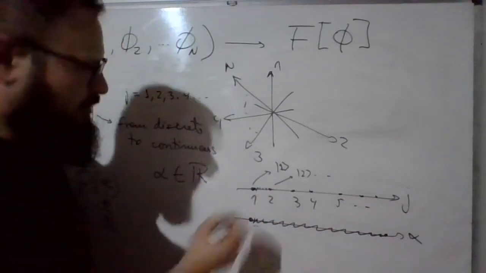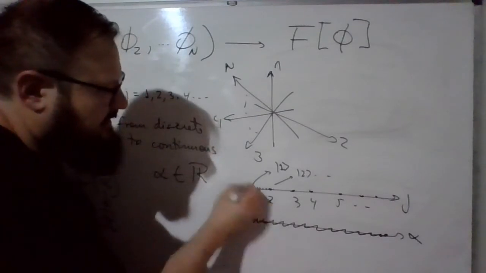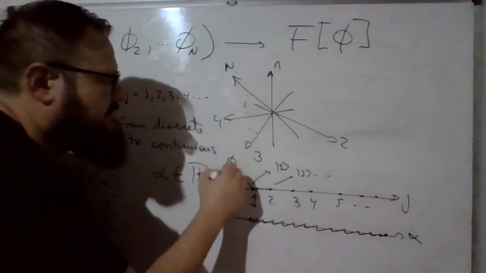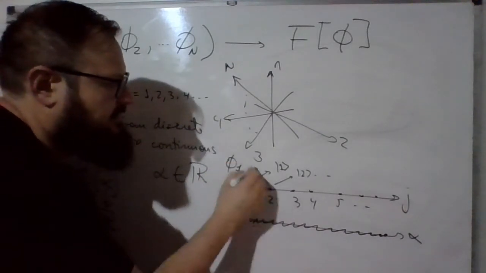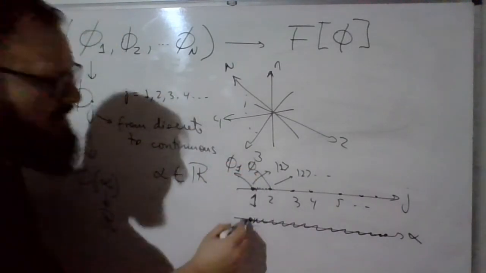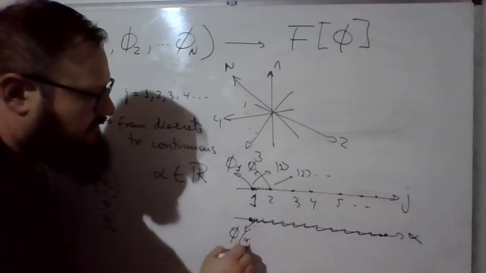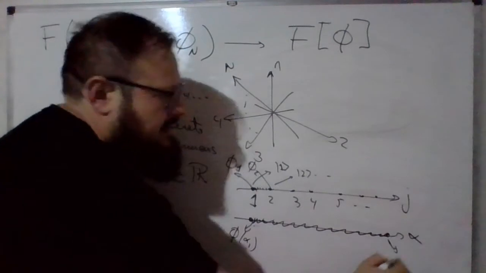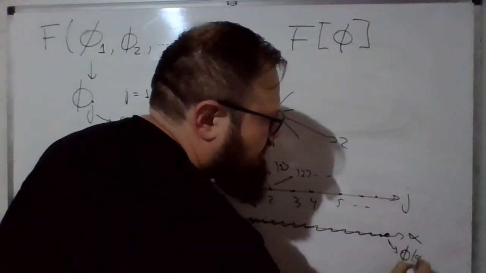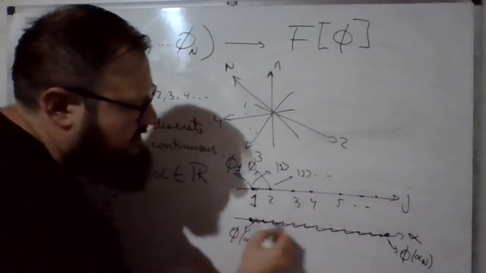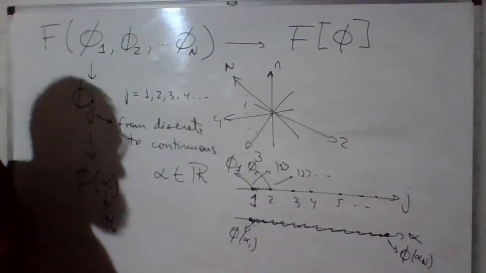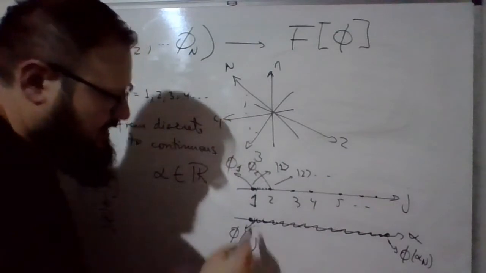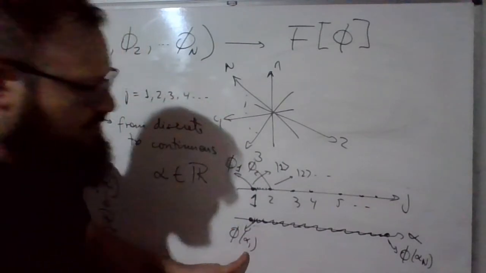So to this index I would consider the value phi 1, to this phi 2, and so on. Now I have a phi of alpha 1, and between alpha 1 and the endpoint here, phi of suppose alpha n, I will have an infinite number of values, or infinite set of values, indexed by a continuous parameter.